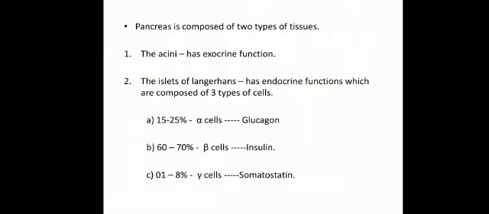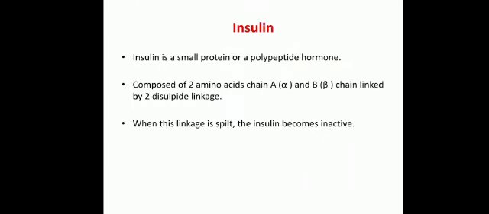Then come 25 to 30% of the cells, which are alpha cells, which secrete glucagon, and around 1 to 8% of the cells, the gamma cells, which secrete somatostatin. So this gives you a reinforcement of the slides which we have already done.